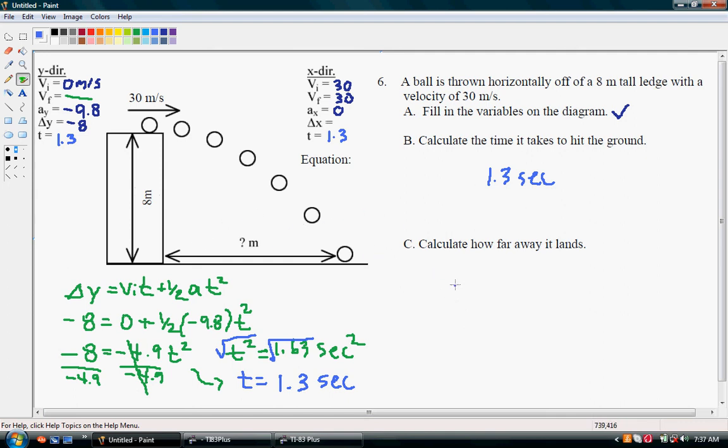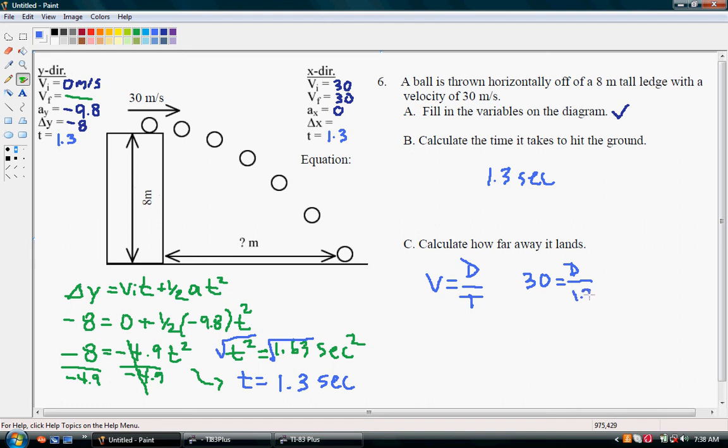So we have to use an equation, and since our velocities are the same in the x direction, we actually have the luxury of using a very simplified equation. It is velocity equals distance over time. We know our velocity. It is 30 meters per second in the x direction. Our distance is what we're trying to find out, and we just calculated our time.